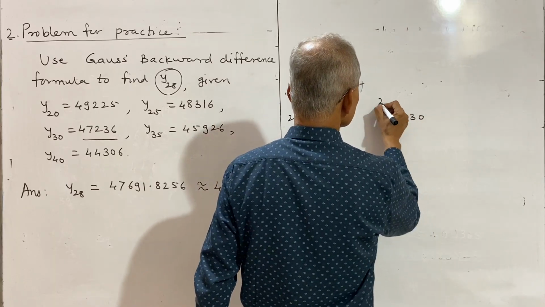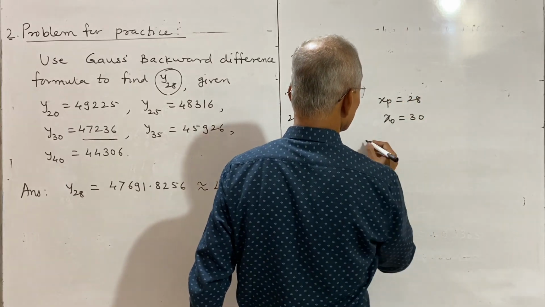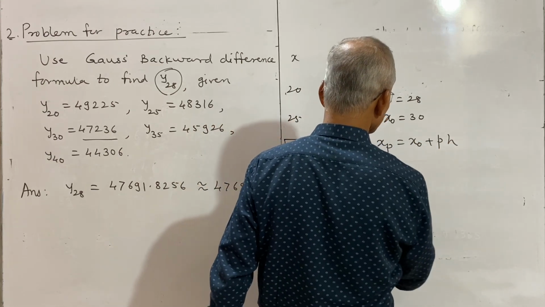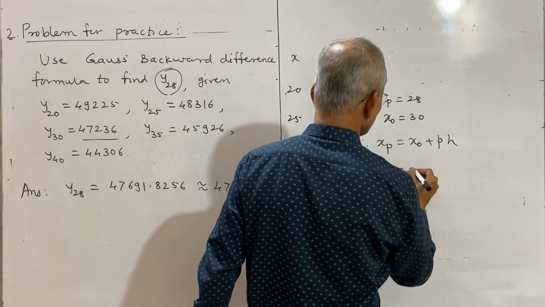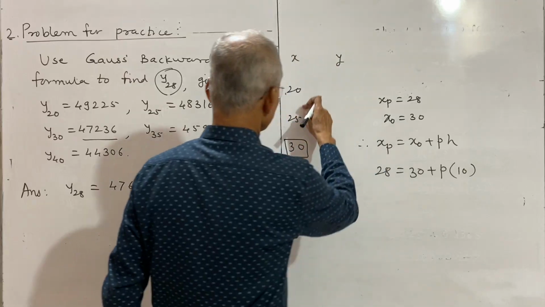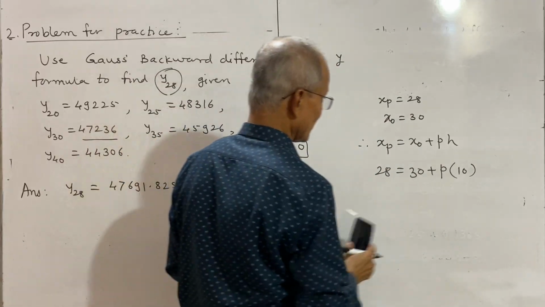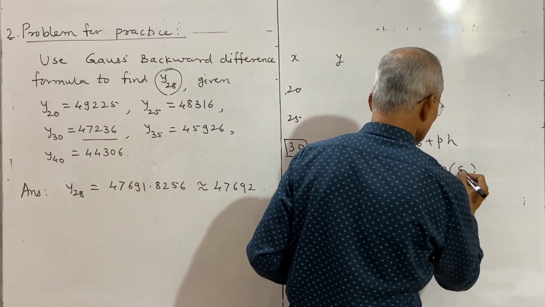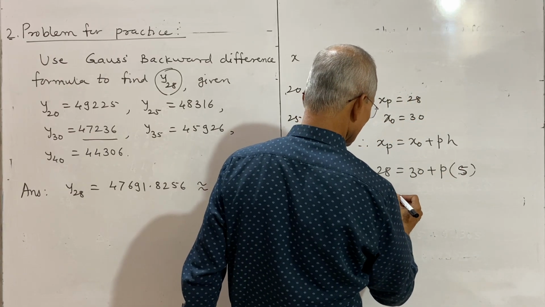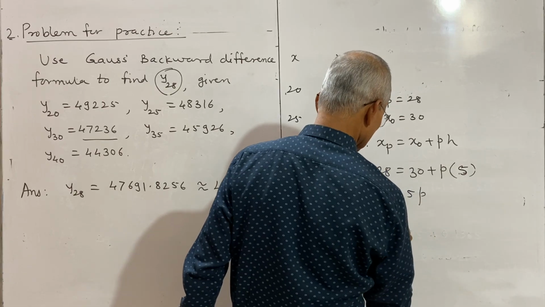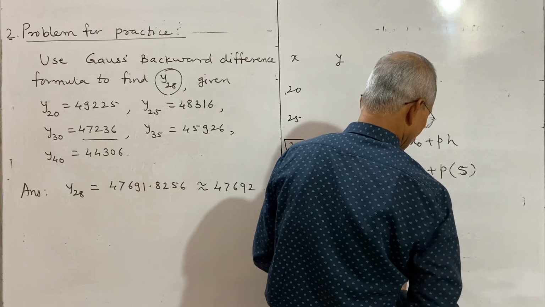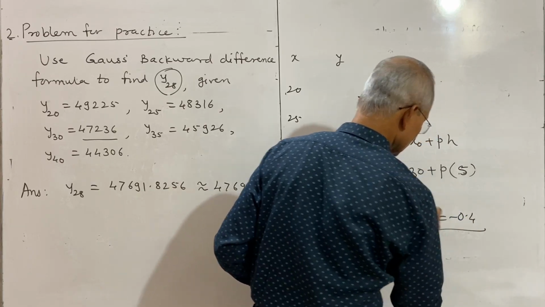See, xp is 28, and xp is equal to x naught plus ph, that is 28 equals 30 plus p into h. h is not 10 but 5, the difference of these values, and therefore minus 2 is equal to 5p, and p is equal to minus 2 by 5, which is minus 0.4. This is the value of p.